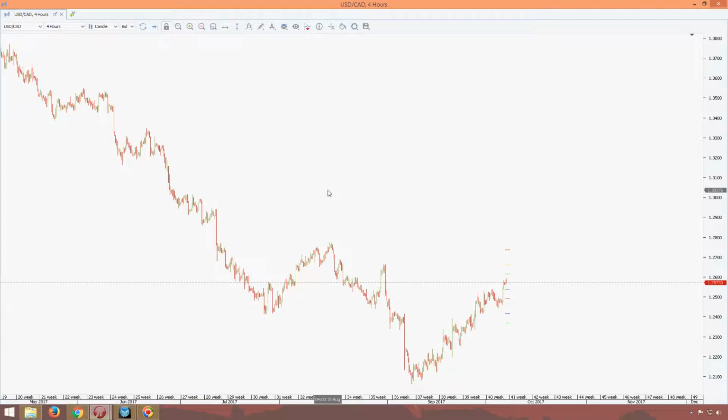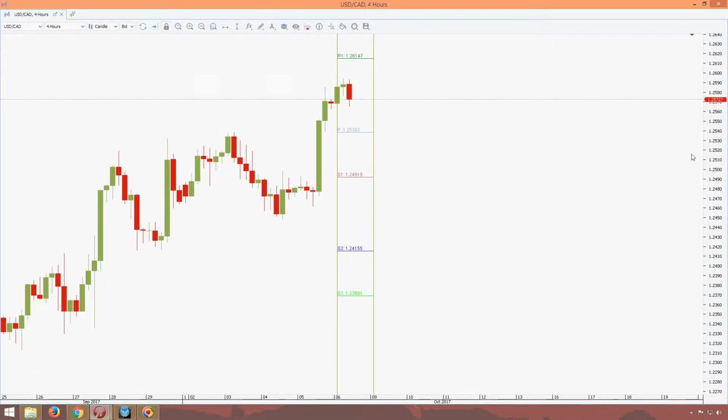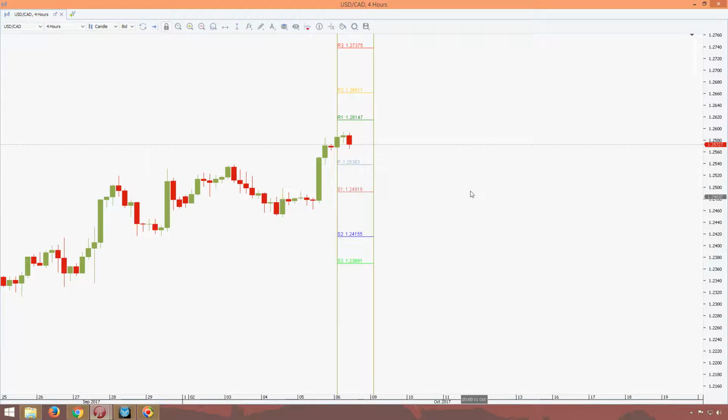I want to buy the US dollar, Canadian dollar. I may decide to either buy limit, namely to wait for the market to dip into support to go long, or to buy stop, namely to buy from a higher level. Therefore, before the important economic release that I mentioned, what I do is I place a pending order. Where? On the daily support or resistance levels.